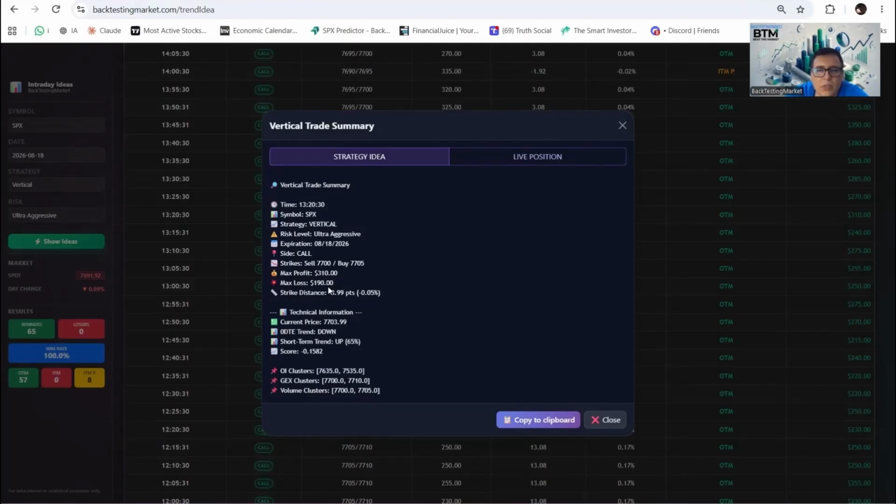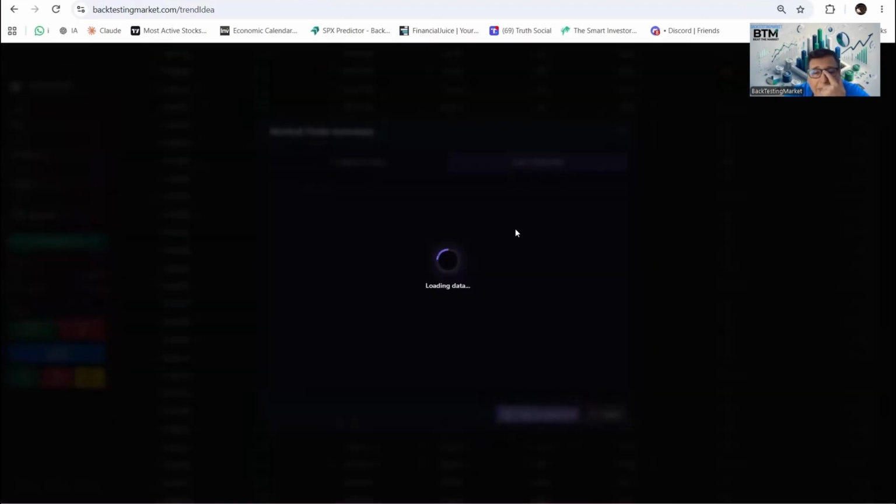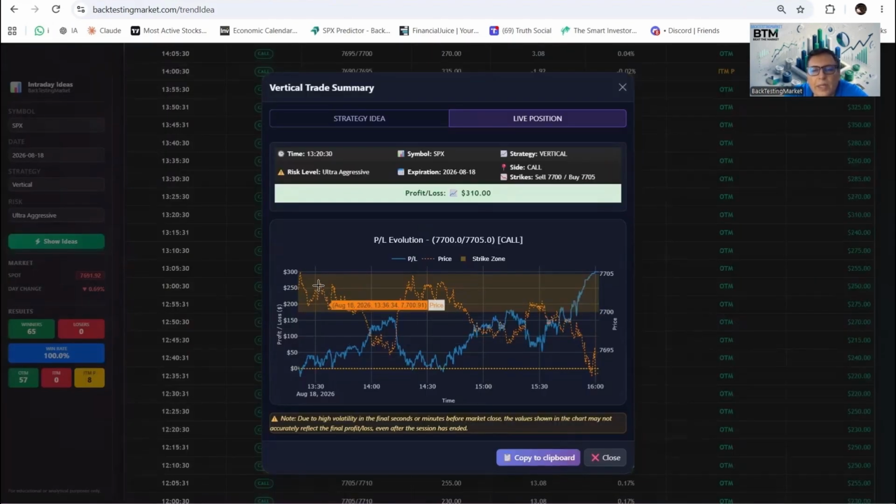Today was an awesome day. I made good money. You can also see here the live position. During the day you see how the index is moving and how your profit and loss is doing, whether you're making money or not. The blue is the profit and loss, and the orange one is the index.